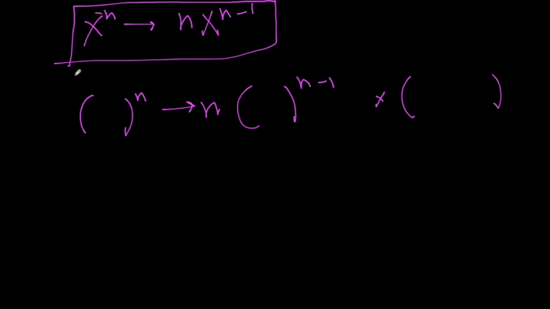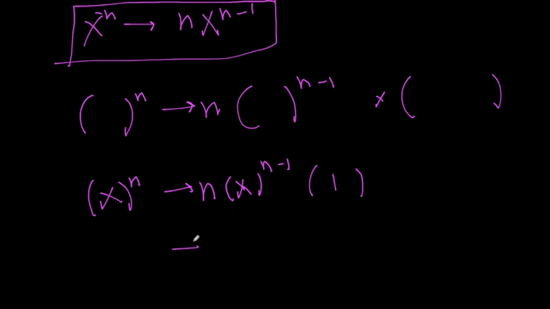Let's talk about this one. I'm putting x inside the bracket, and I want to differentiate. What I said to you is that the differentiation of bracket to the power n is n bracket, which is x, to the power n minus 1, multiplied by the differentiation of the bracket, and in this case it is 1.